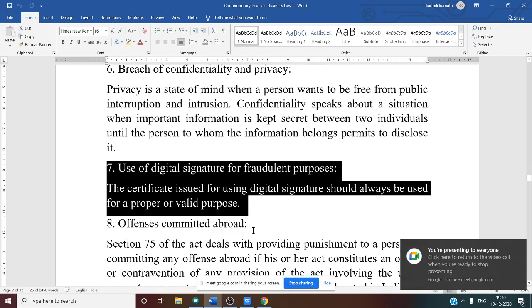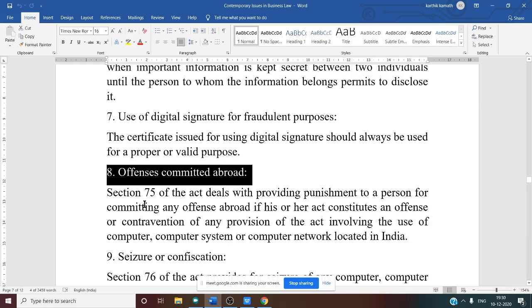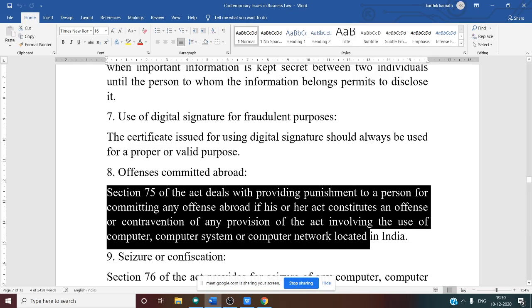Then offenses committed abroad. This IT Act also covers some offenses committed abroad. See, Section 75 of the Act deals with providing punishment to the person for committing any offense abroad if his or her act constitutes an offense or contravention of any provision. Contravention means not following the rules and regulations of the IT Act.